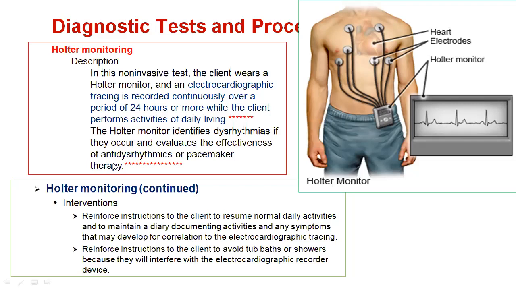So what are the interventions? Reinforce instruction to the client to resume normal daily activities and to maintain a daily documentation of activities and any symptoms that may develop, for correlation to the electrocardiographic tracing.